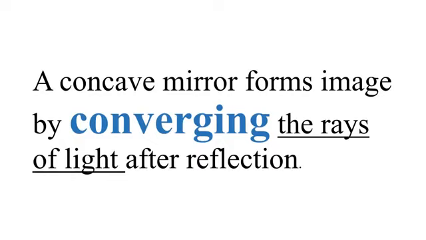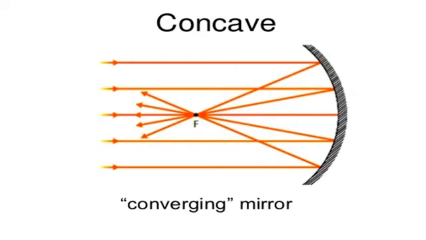A concave mirror forms an image by converging the rays of light after reflection. Students, from our previous video lectures, you are already aware what converging rays are.